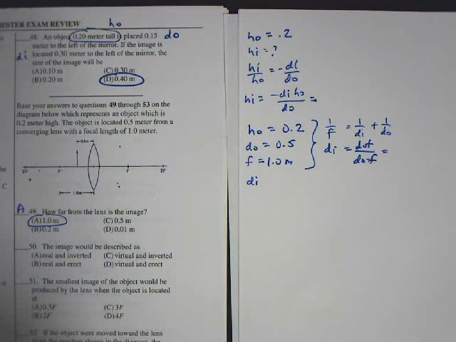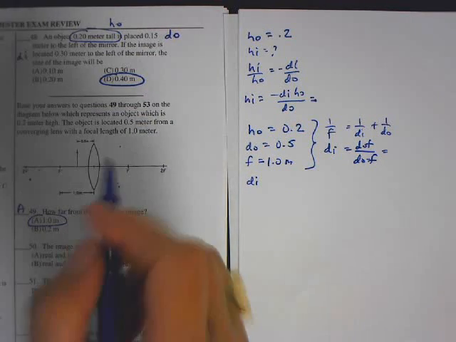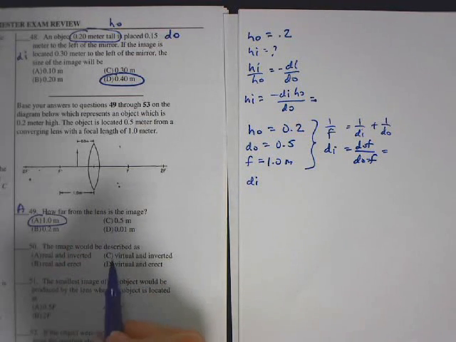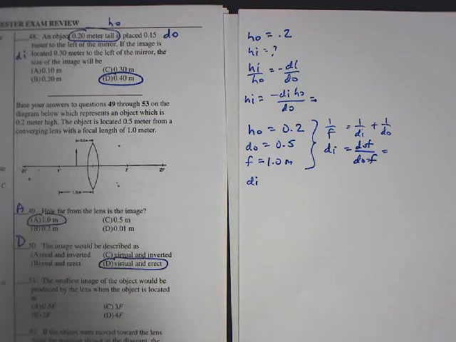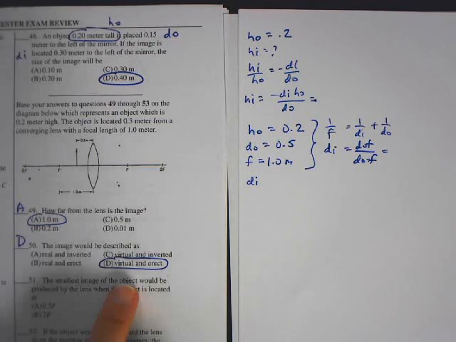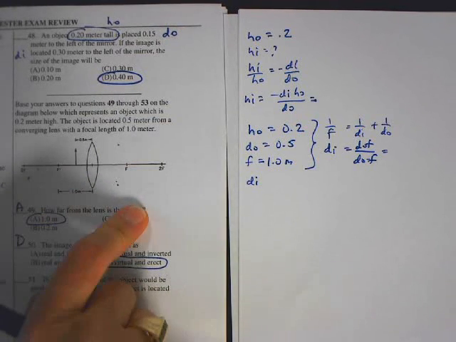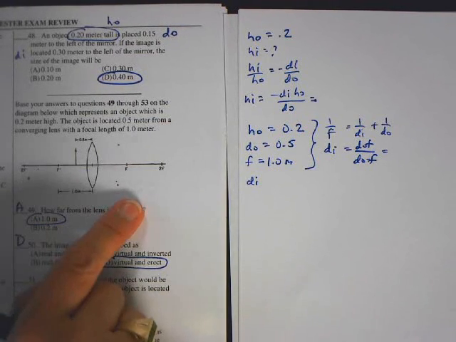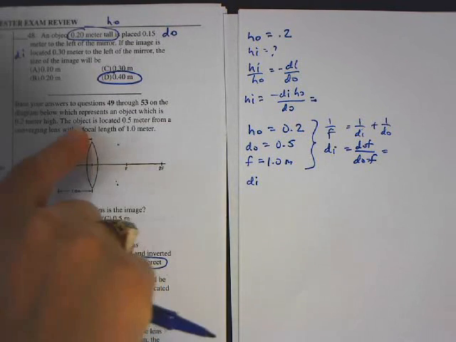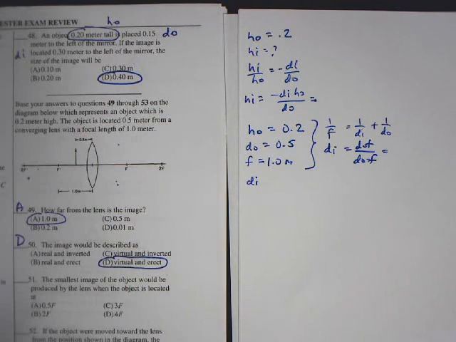All right, the image would be described as, so the object is going to be between F prime and the lens, so that one's going to be virtual and erect. Remember, when you look at the signs, depending on which side of the lens, it's going to tell you whether it's virtual or real. Whether it's right side up or upside down, it's going to tell you whether it's erect or inverted.